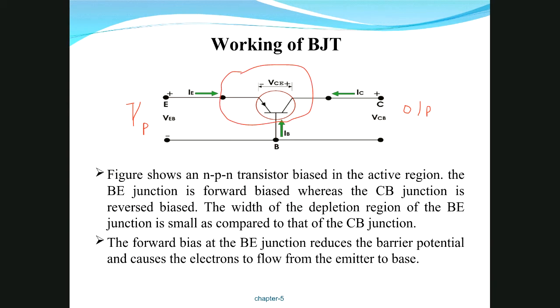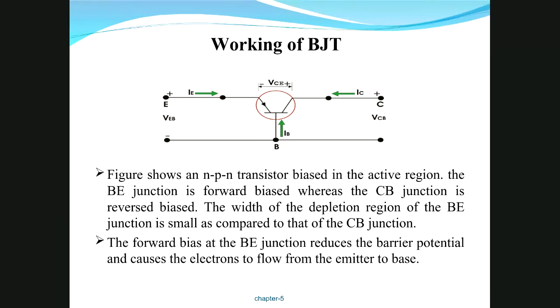What is the way? See this arrow. This arrow is going from this place to this place, and the standard is that the arrow goes from P to N. If it is PN, then of course the last will be again P. So it is a PNP transistor. Hope it is clear.